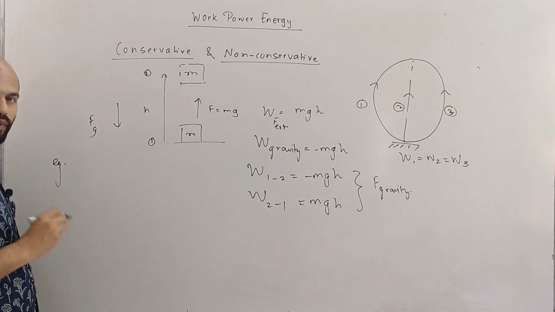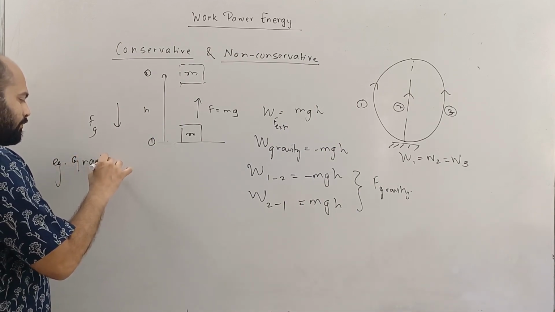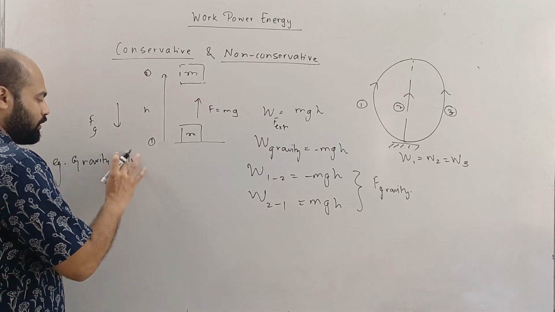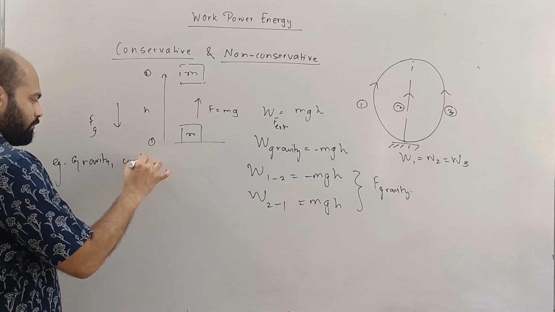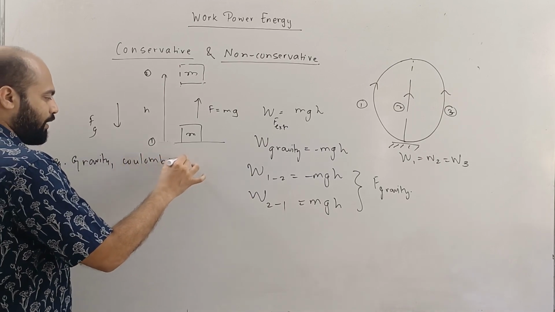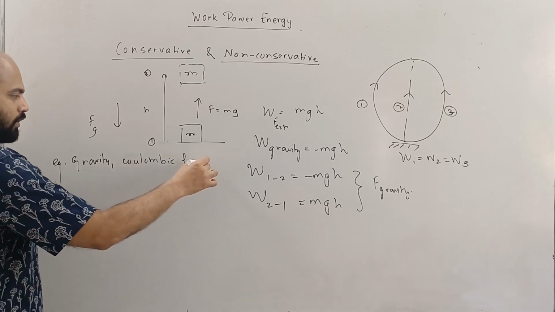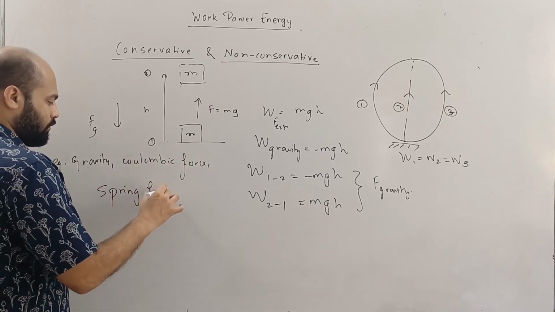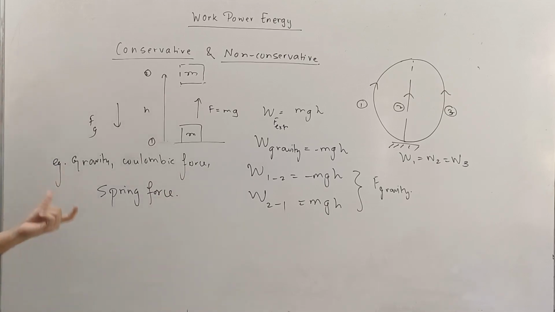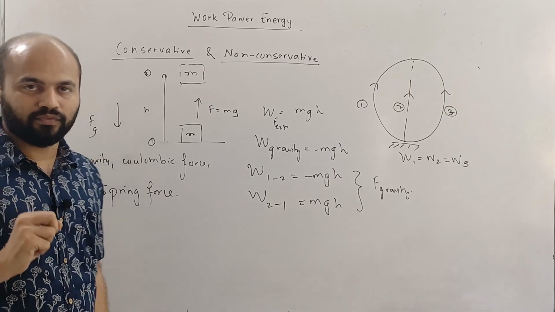Examples of conservative force are gravity, Coulombic attraction or repulsion, Coulombic force. The third example we could give is spring force. This is something that I have just discussed. So looking at this, I can clearly now define conservative force.